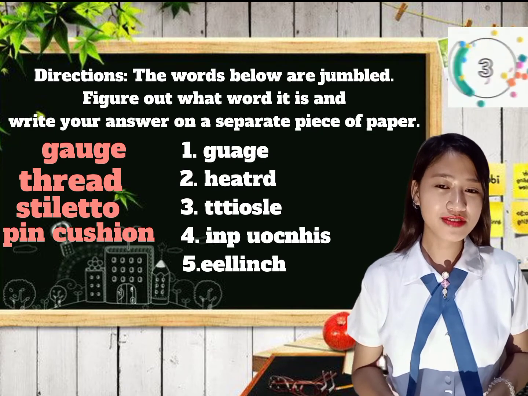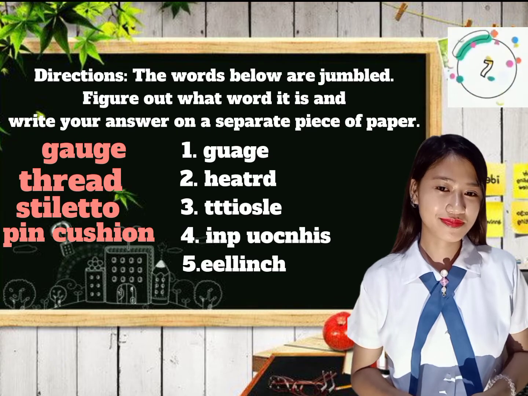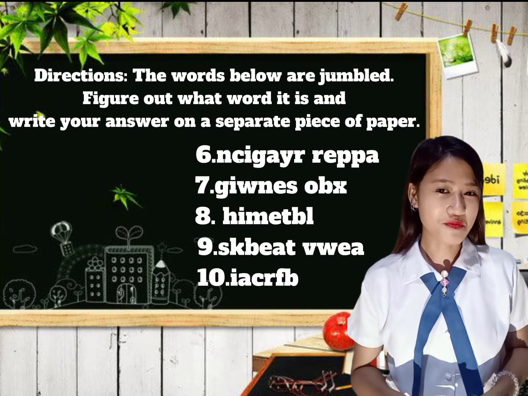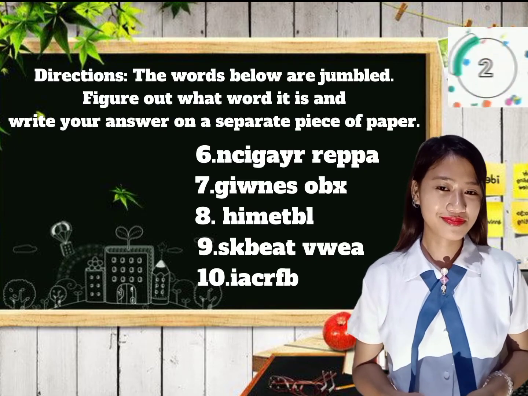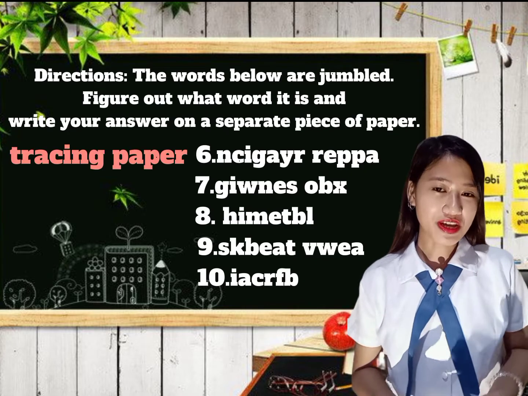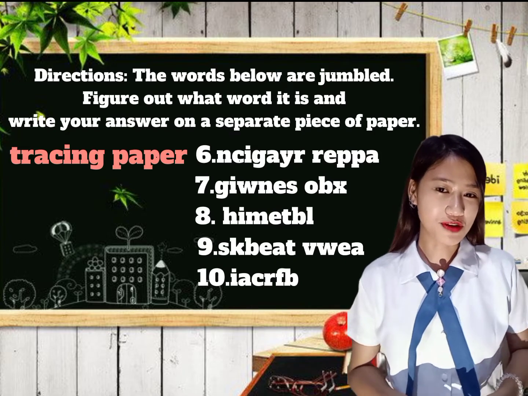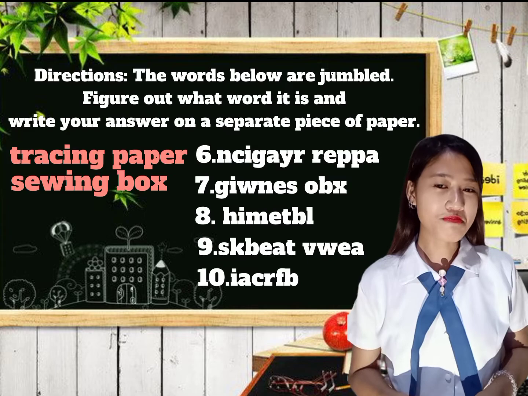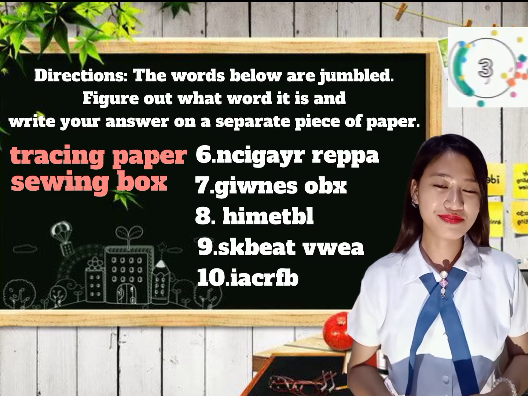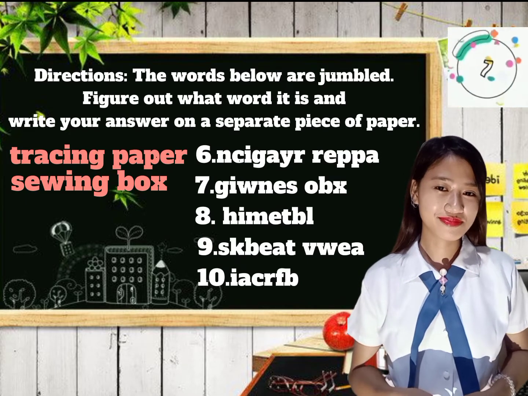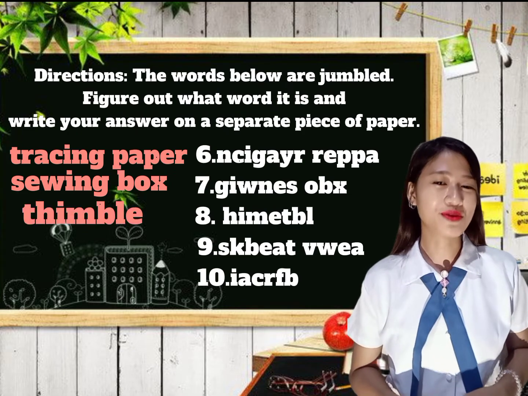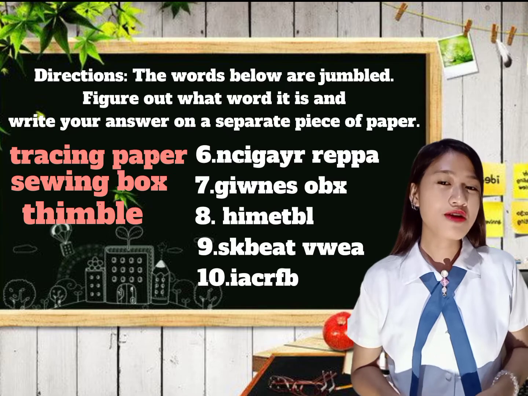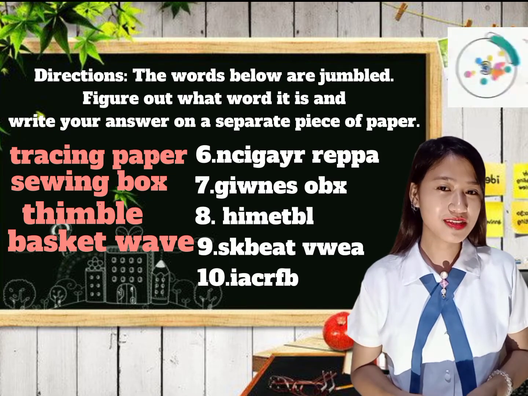Number 5. That is chenille, correct? Number 6. Tracing paper, correct? Number 7. Seaweed box, correct? Number 8. Thimble, correct? Number 9. Basket wave, number 10.